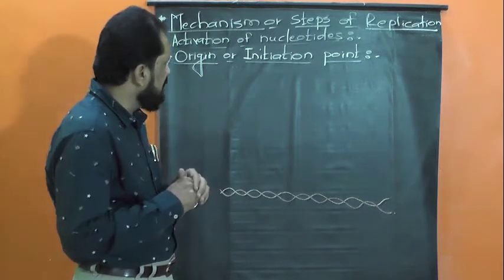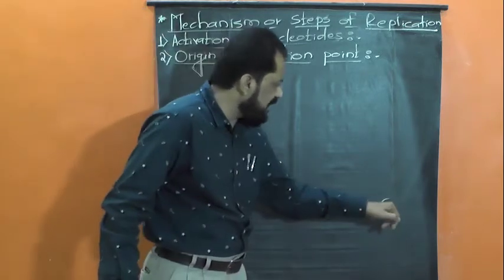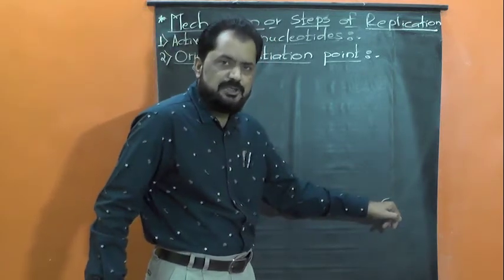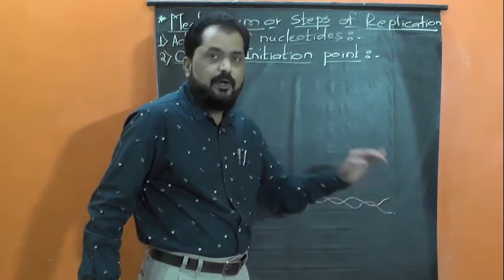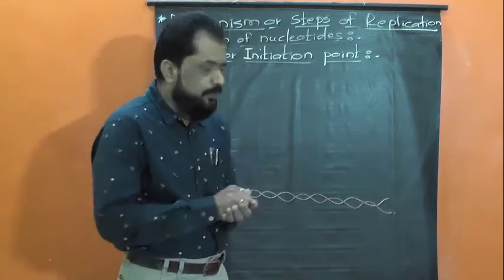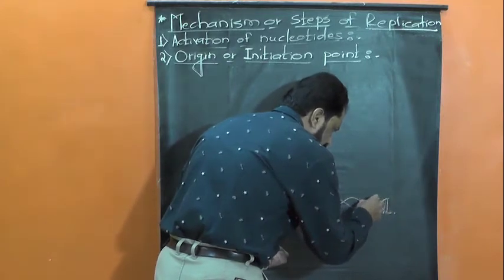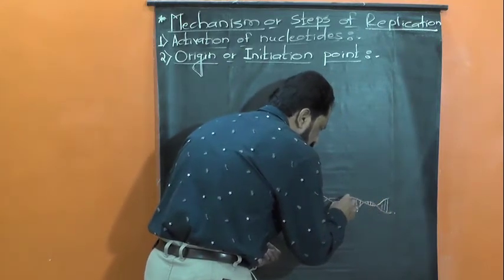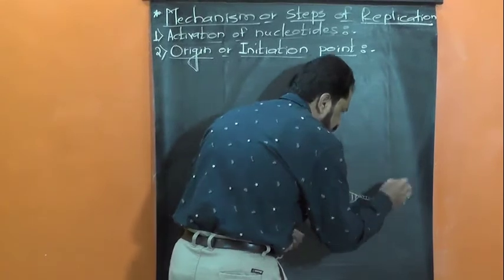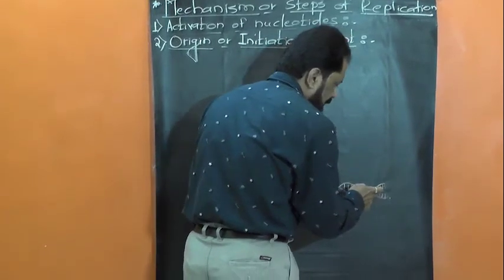Now let us consider, suppose this end is the initiation point. At this end or at the point of origin, the weak hydrogen bonds between the two strands of the DNA helix are cut off.